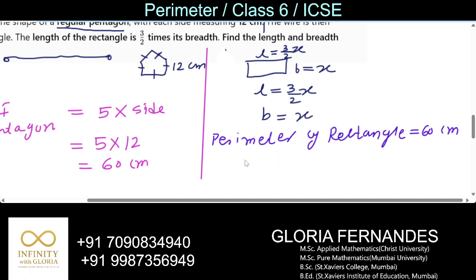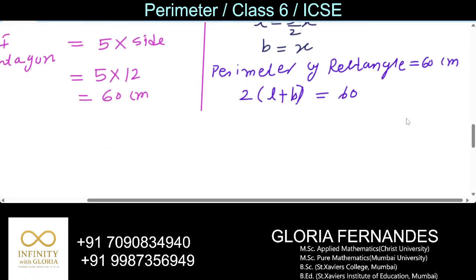Okay, what is the formula for the perimeter of a rectangle? 2 times length plus breadth, right, which is equal to 60. So you have length plus breadth, which is equal to 60 upon 2. And length what we have written? 3 by 2x, and breadth is how much? x, and 60 by 2 is going to be 30.